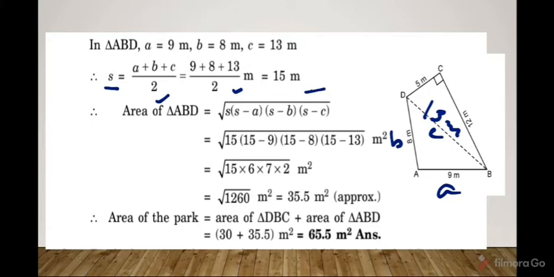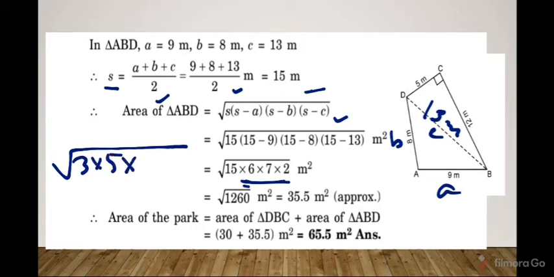Now just put the values of s, a, b, c in Heron's formula and do the calculation. Now simplify this. 15 can be written as 3 into 5, and 6 can be written as 3 into 2 into 7 into 2.